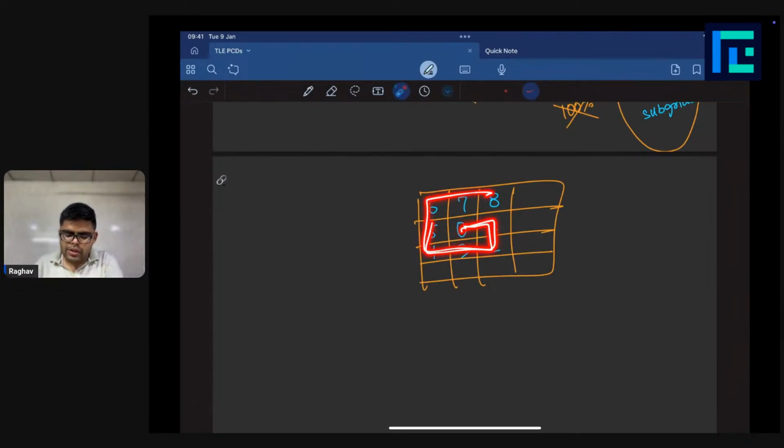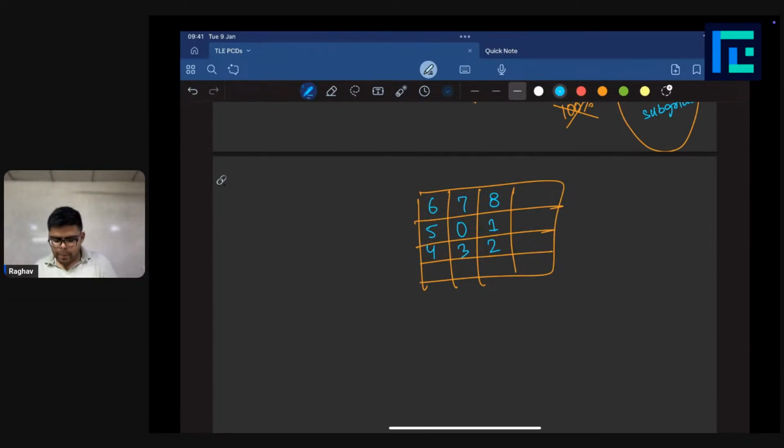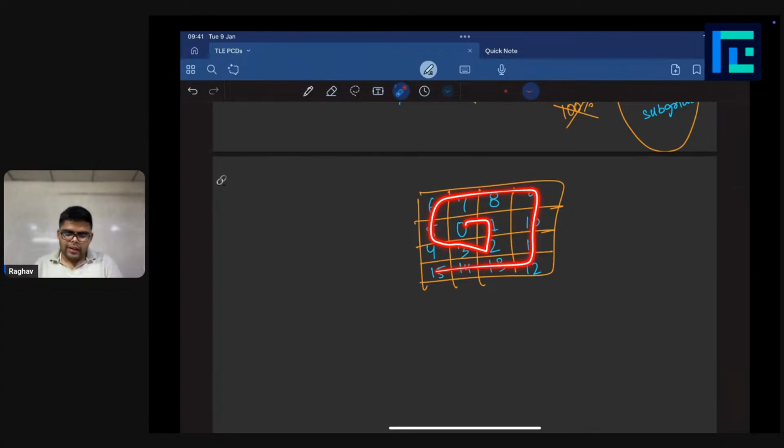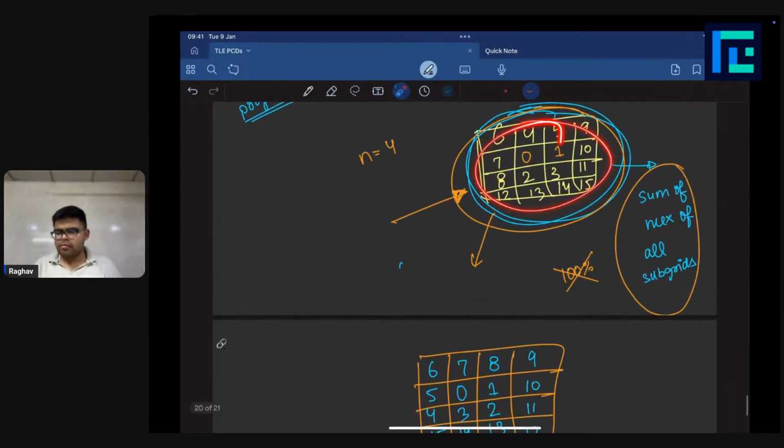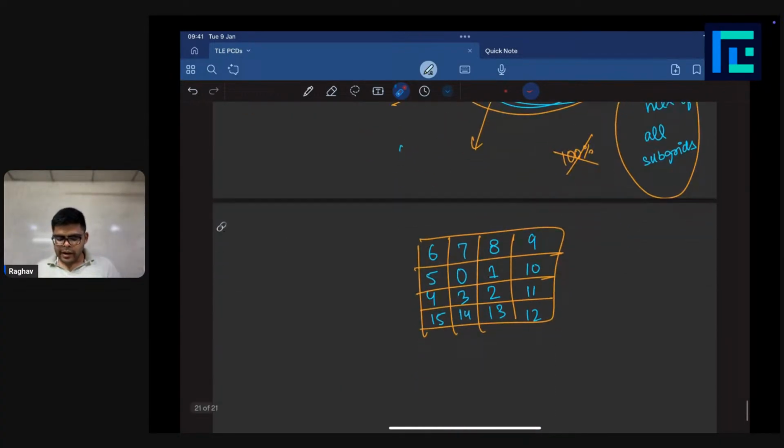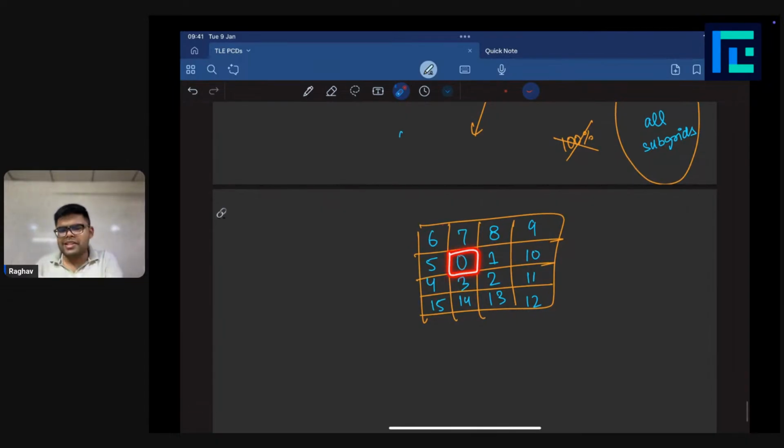And as soon as I noticed this pattern, I did not even go till this 8 point. I think I had realized this after the 4 point, that I can probably go in this way. So I just drew this thing completely, and then I verified that this will actually have the same impact as the grid that I had created earlier. So for all the subgrids that are having 0, they must include this cell.